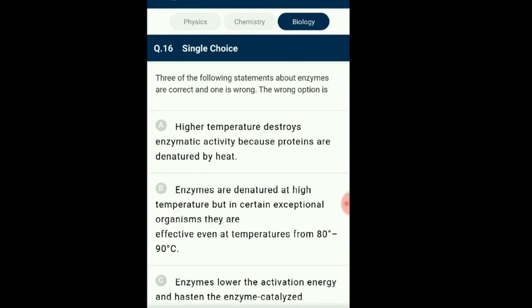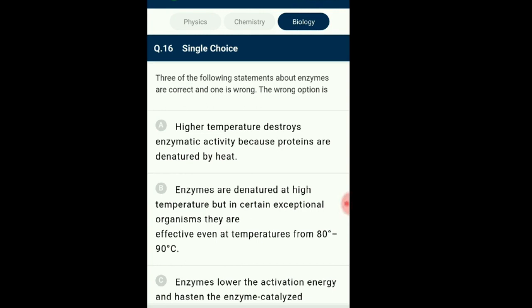Question number 16. Three of the following statements about enzymes are correct and one is wrong. The wrong option is: all enzymes are proteins. There are some nucleic acids, that is ribonucleic acid, ribosomal RNA, that function as enzymes. They are called ribozymes. Enzymes get denatured at high temperatures except enzymes isolated from thermophilic organisms.